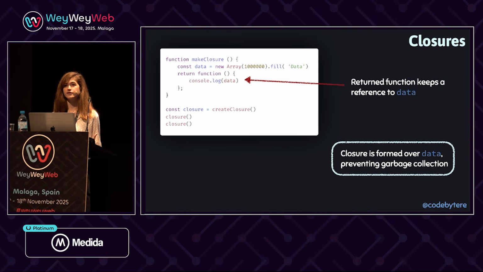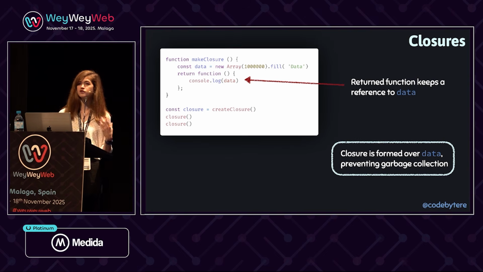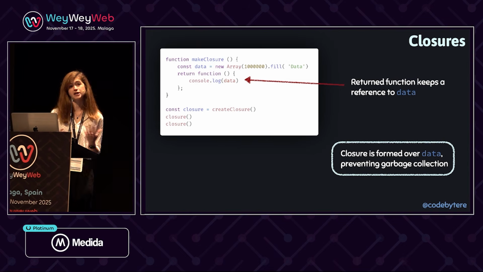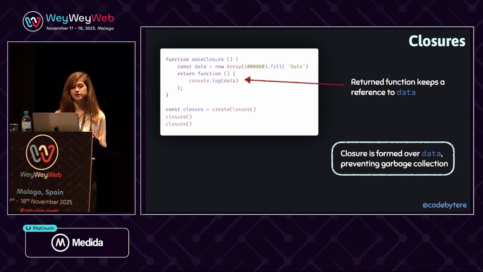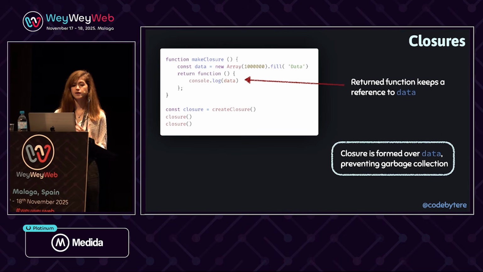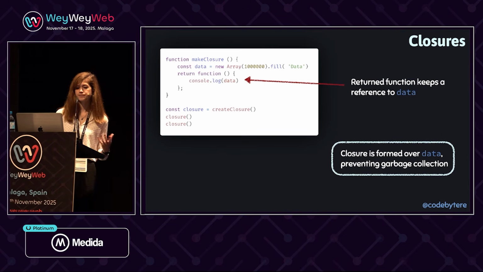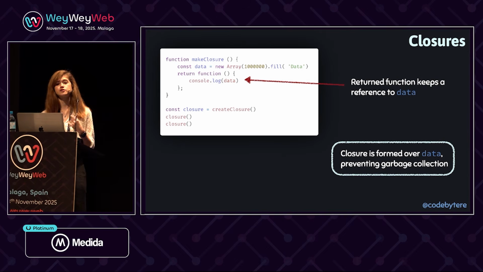As long as the closure variable exists, the closure will retain data in memory, keeping this large array allocated. If makeClosure is called multiple times, each new closure will keep a separate large data array in memory. Over time, this can add up, which causes the program to consume more and more memory.